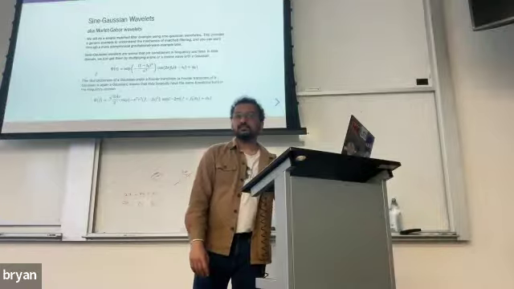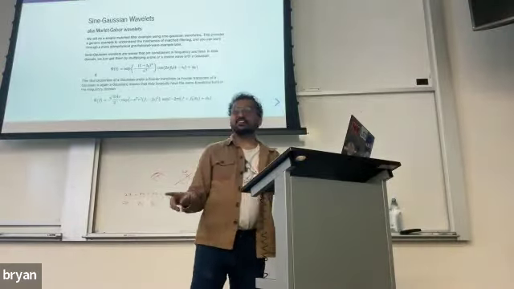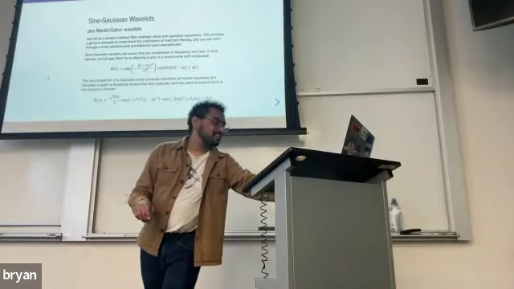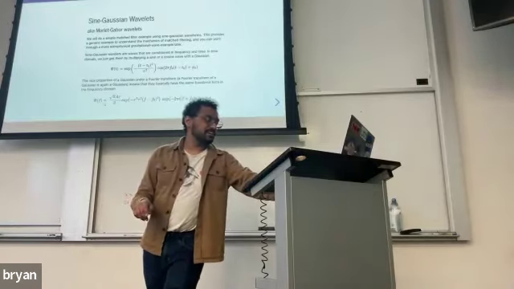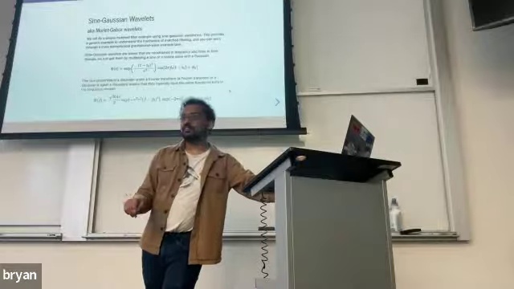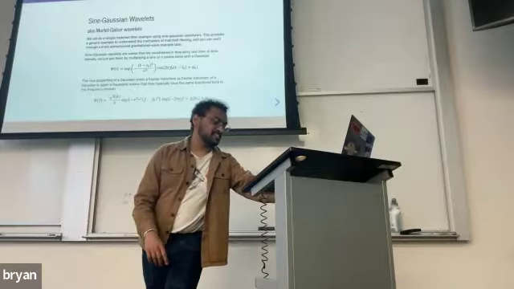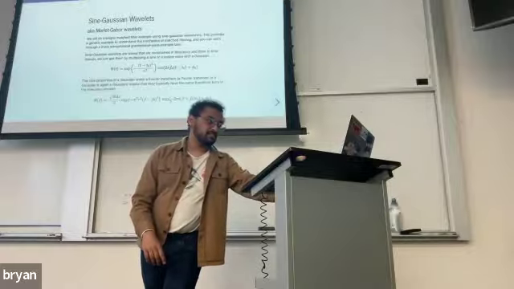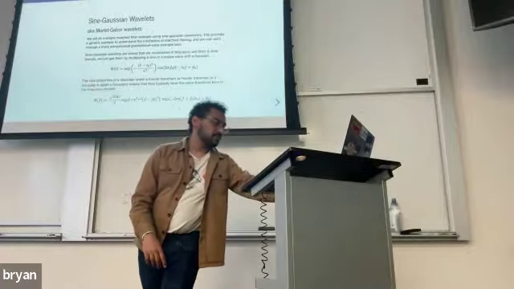And someone pointed out that the Fourier transform of a Gaussian is also a Gaussian, right? And so in frequency domain, this also looks like a sine Gaussian wavelet. So it has a Gaussian term and this complex wave term.